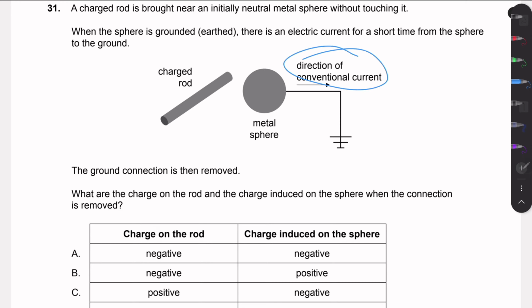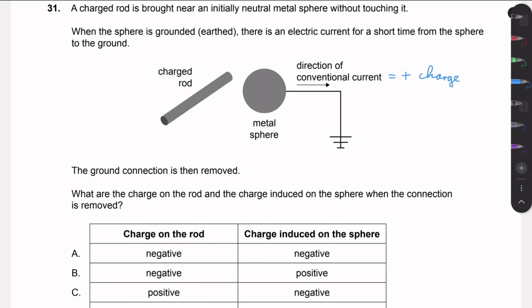So we see direction of conventional current. Conventional current is the direction in which positive charge moves. So this again is just something you need to know. In circuits as well, we use conventional current, because that's the direction the positive charges will move.